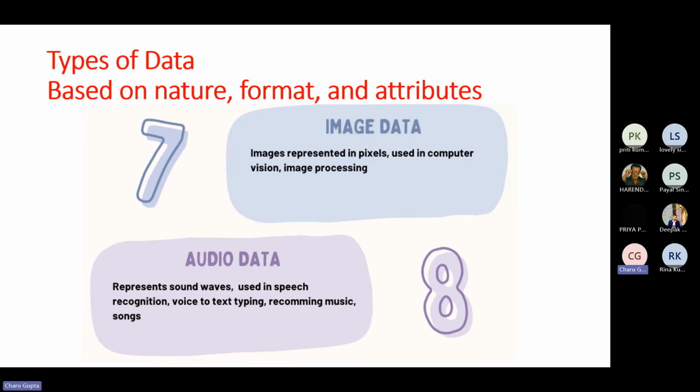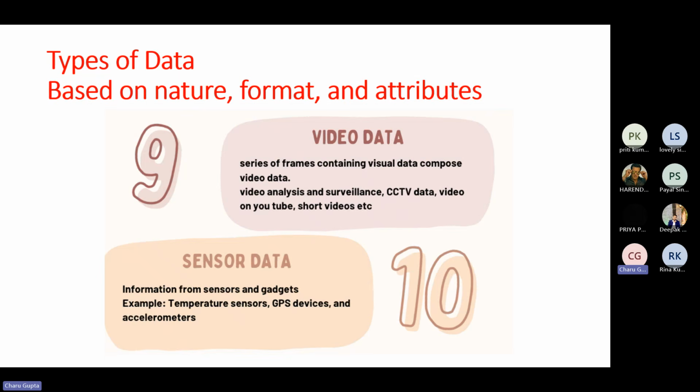Next is image data, which is stored in pixels. The eighth type of data is audio data, which represents sound waves, and is used in voice to text typing, recommending music, speech recognition. Next is video data, like CCTV and surveillance data, movies, short videos, YouTube.